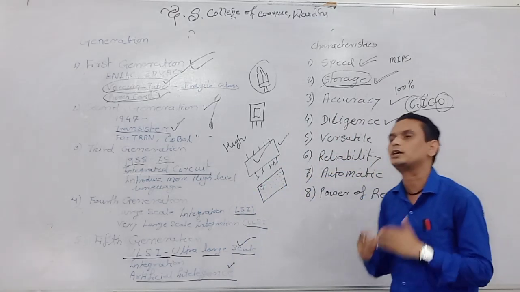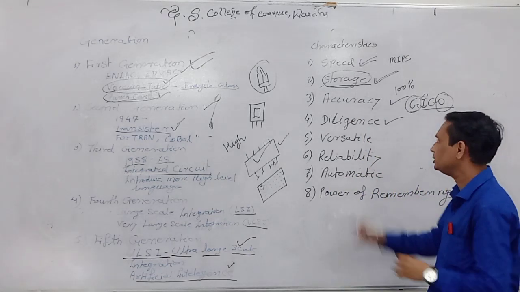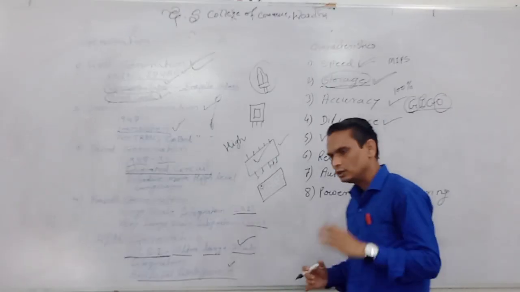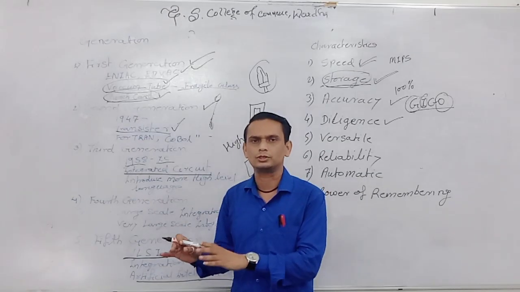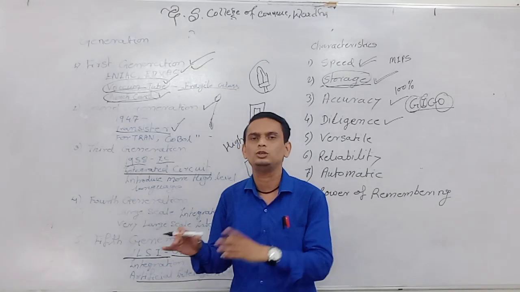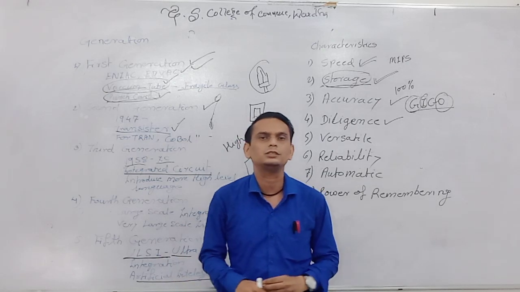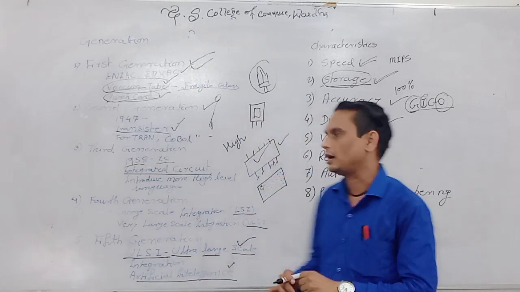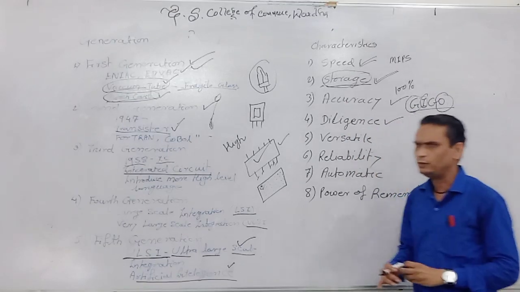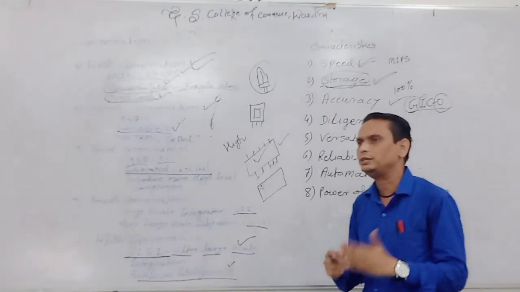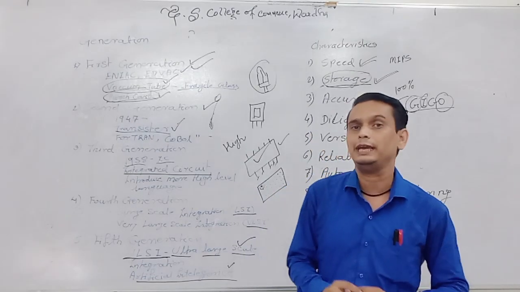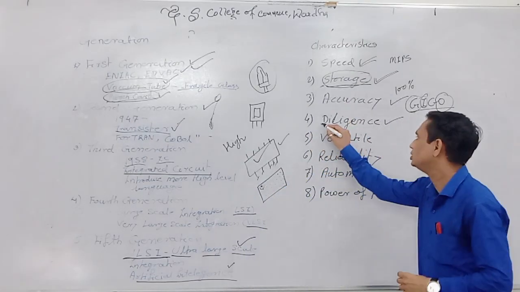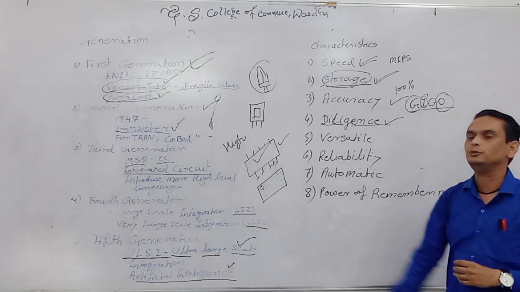Therefore, it can work continuously for many hours, for a day, 2 days, or a week, because it is a machine and it is never tired. Even if we do a thing repeatedly, we can get bored, but the computer system cannot be bored anytime. So it has the diligence to work continuously.